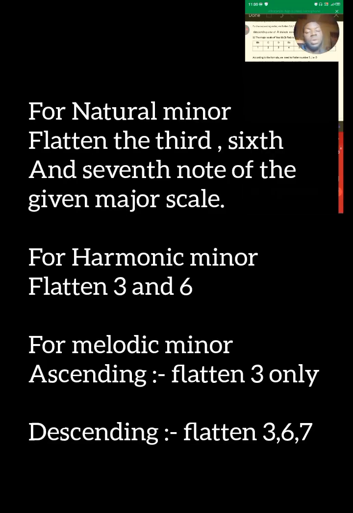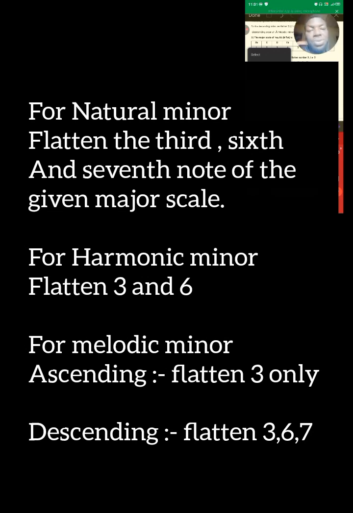So a quick recap for the minor scales. For natural minor, take the major scale and flatten the 3rd, the 6th, and the 7th. For natural minor, the ascending order is the same as the descending order, so there's no problem with the formula. For harmonic minor, you flatten only the 3rd and the 6th.